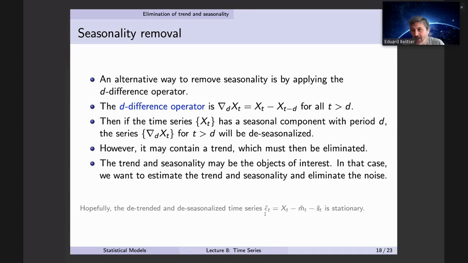Then you could model that thing as some stationary time series, for instance ARMA, or autoregressive, or moving average, or a combination of these things. That's exactly what people do. They remove these things and then apply the field of stationary processes to this remainder.